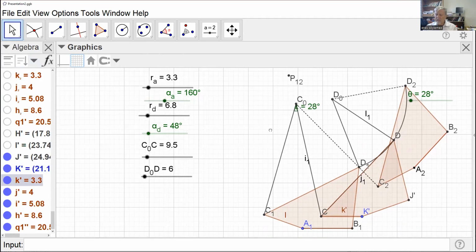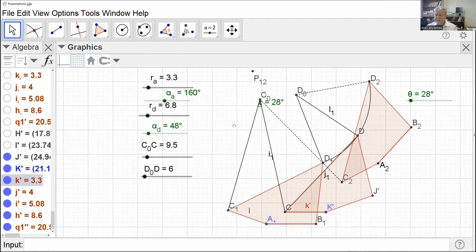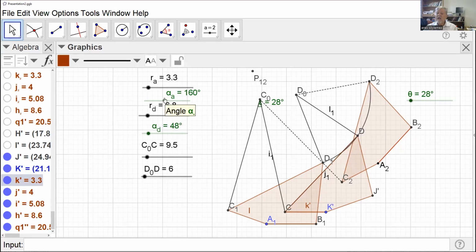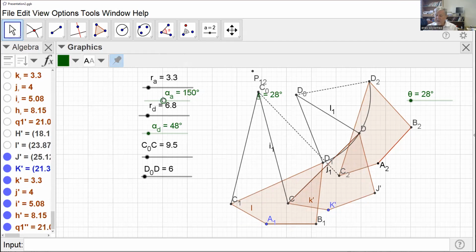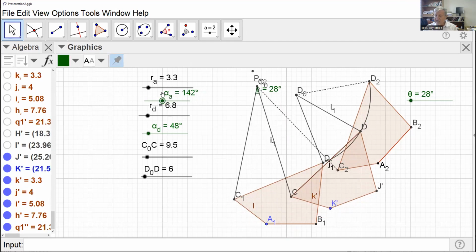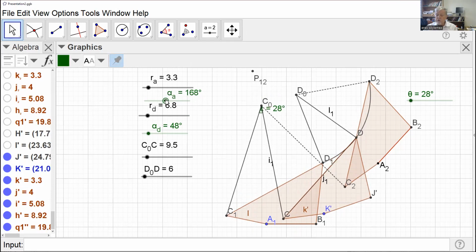Now you see what we have done is we have constructed our forward to move our rigid body from the first position to the second. And we have infinitely many parameters with which we can change and find different solutions.